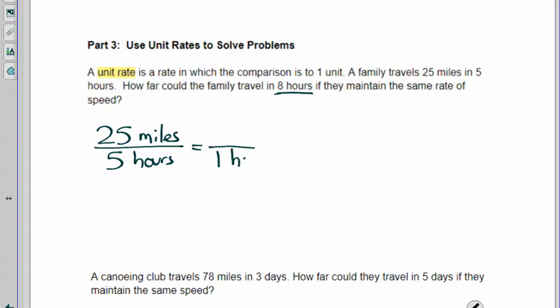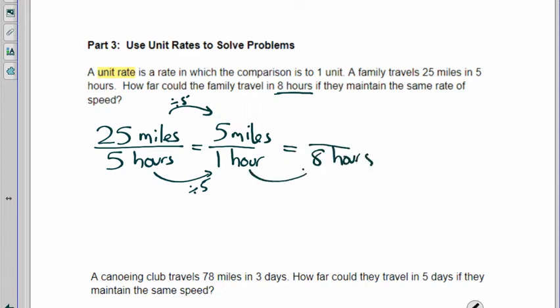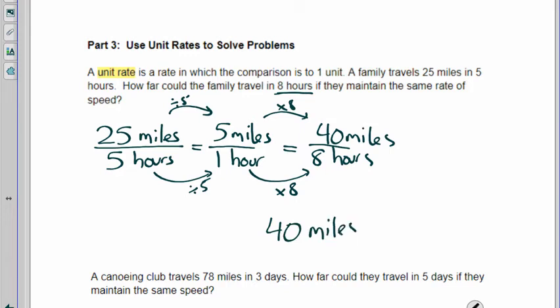I want to get to 1 hour. So I've got to divide by 5. And I get 5 miles per hour. And now I want to go to 8 hours. And that is times 8. 5 times 8 is 40 miles in 8 hours. So the answer is 40 miles.